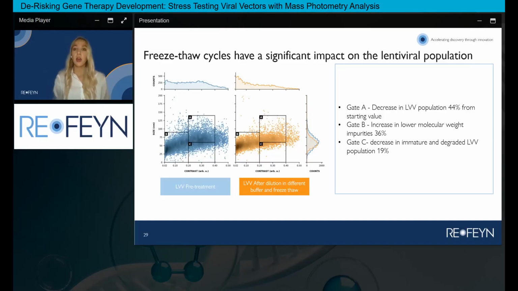So this has a very important role in the formulation of the lentiviral vectors and finding a stable formulation that will keep lentiviral vectors stable through their shelf life and life cycle.